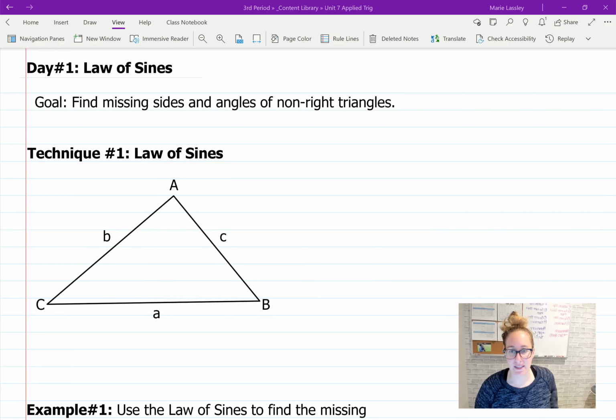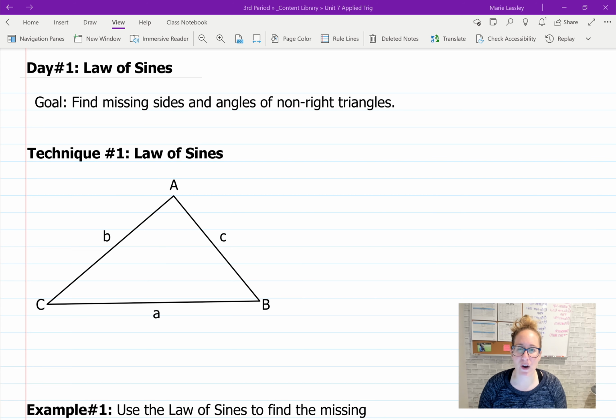Today's stuff is something that some of you might have seen in geometry. I know some geometry teachers at Ballard cover the law of sines, but maybe not everyone. So we will go over it. We've talked a lot in this class about finding missing sides of a right triangle, and we've used sine, cosine, tangent, secant, cosecant, cotangent to set up ratios with right triangles, like sine is opposite over hypotenuse.